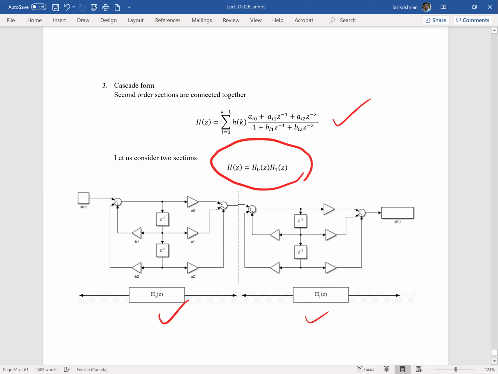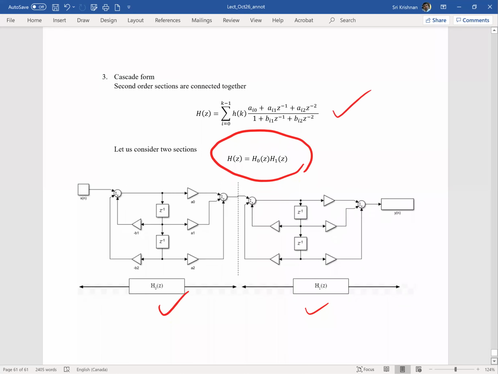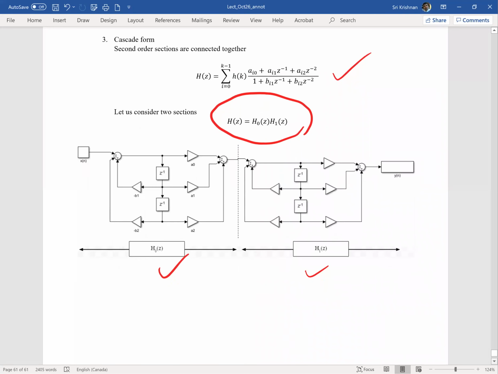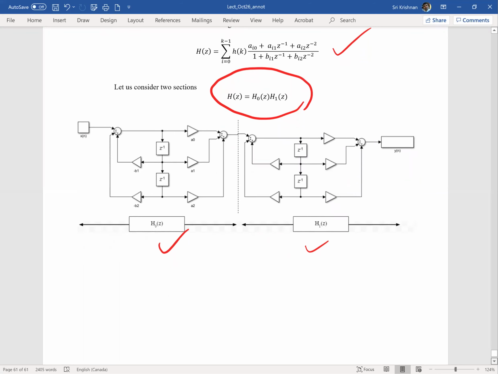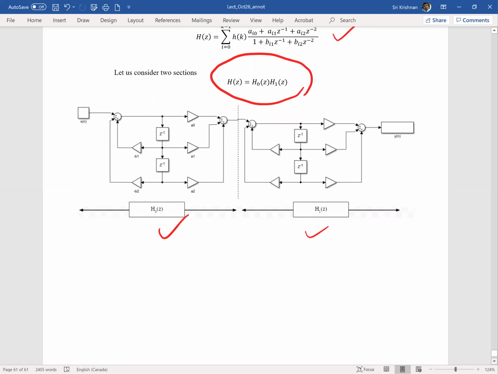Then I could always have that written as a product of 2 smaller functions, and this way we can have multiple filters realized. So that's the third approach of going with IIR filters. And these 3 designs are very commonly used.